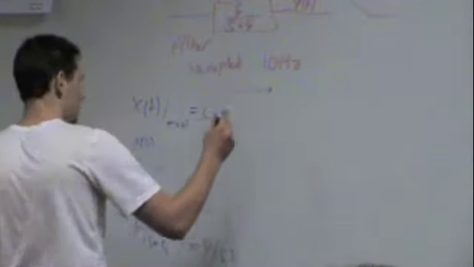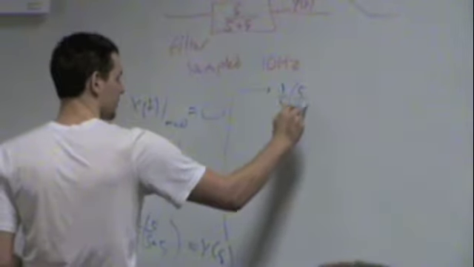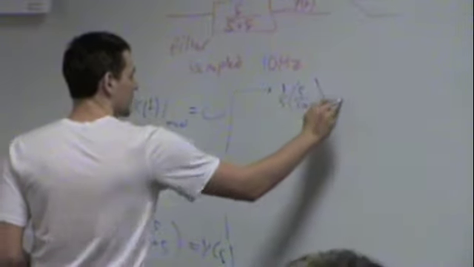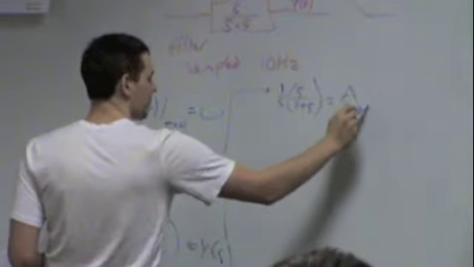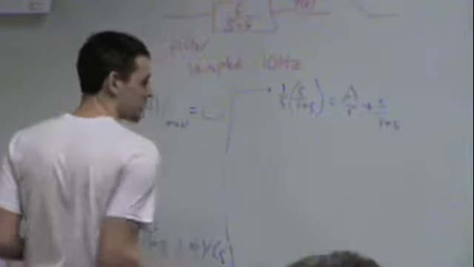We do partial fraction expansion so that we can find the values from the tables, because this by itself doesn't have an easy value. So we do partial fraction expansion, which is 1 over s times 5 over s plus 5 equals A over s plus B over s plus 5. This is looking familiar, right?